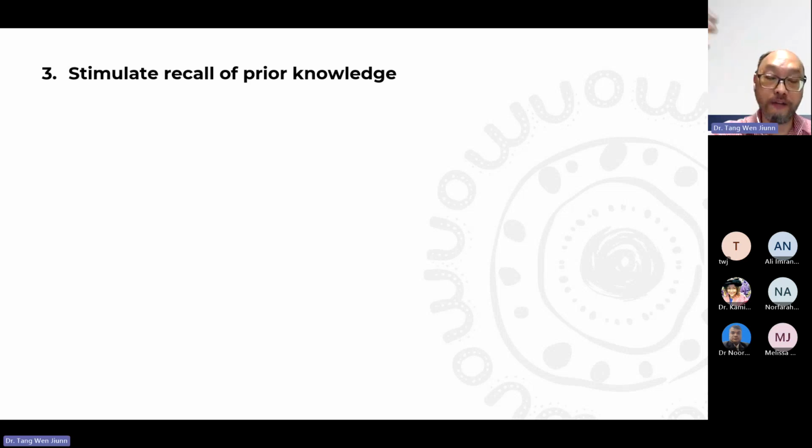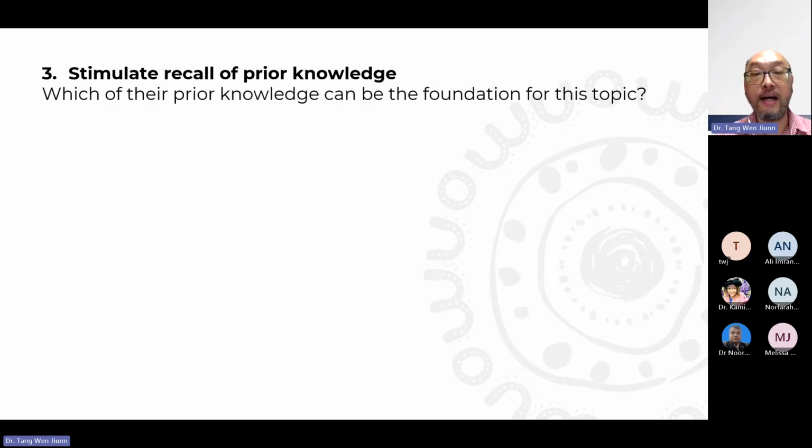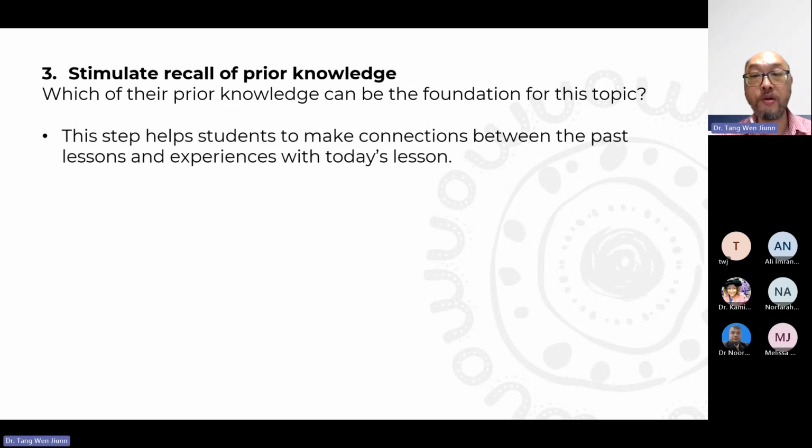Once you inform them about the learning outcome, then we try to stimulate the recall of prior knowledge. This can be done to see how good the foundation is.